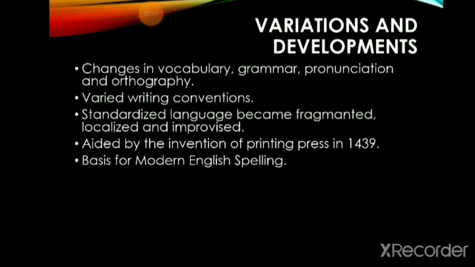This largely formed the basis for modern English spelling, although pronunciation has changed considerably since that time. Middle English was succeeded in England by the era of early modern English, which lasted until about 1650.